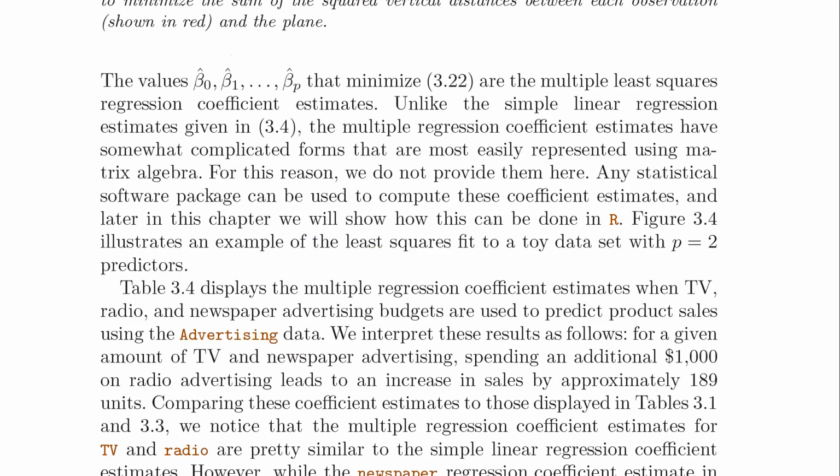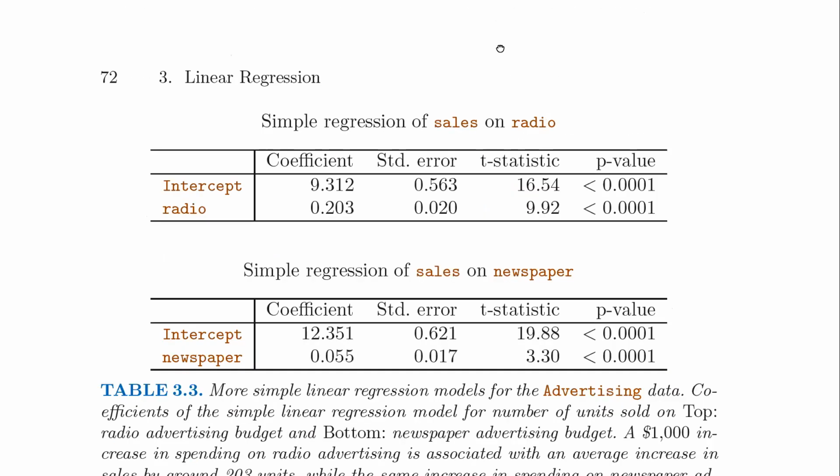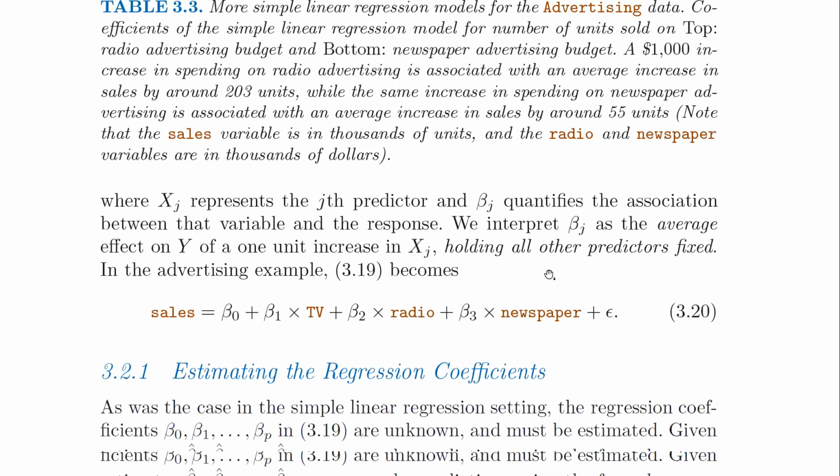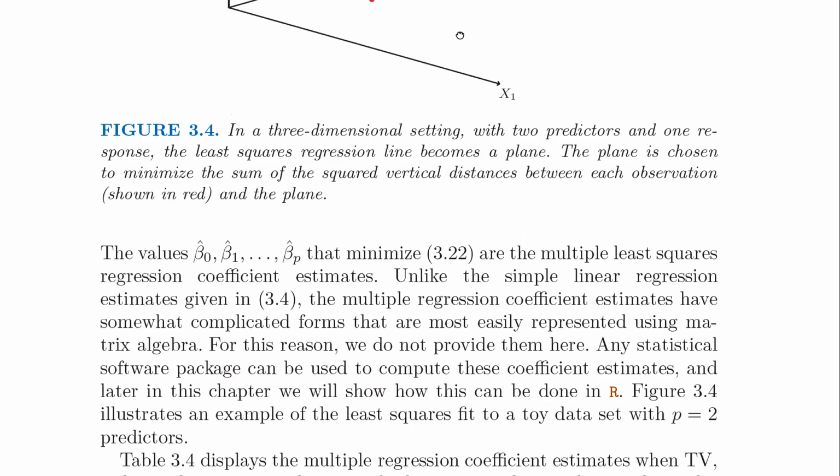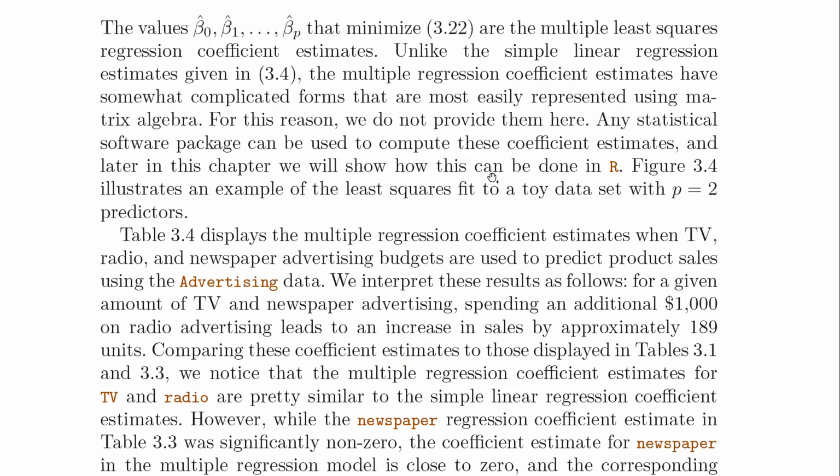And that's exactly it. We'll maybe read this last paragraph. The values beta naught hat until beta p hat that minimize 3.22, that's simply this over here, are the multiple least squares regression coefficient estimates.